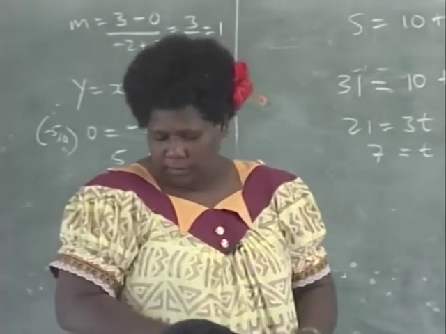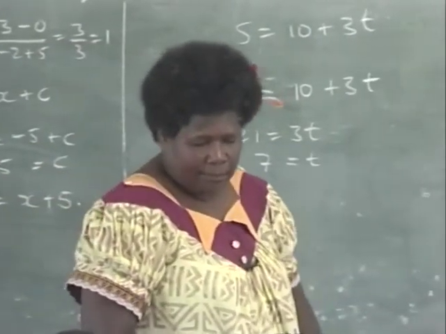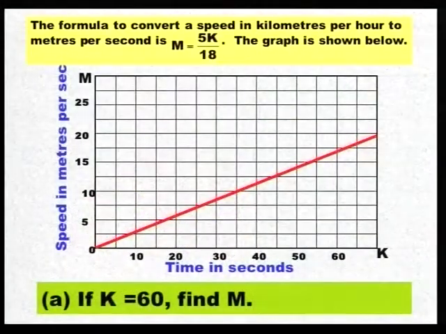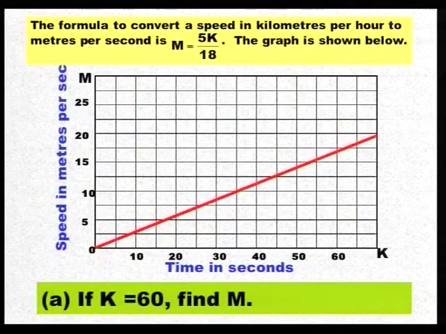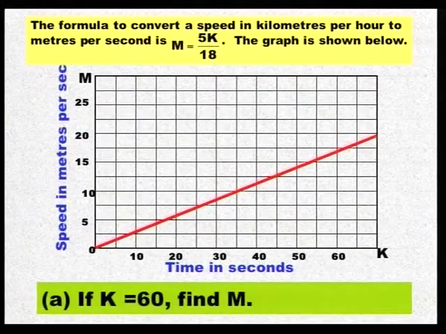Now you are going to do number 1 on your exercise. The formula to convert a speed in kilometers per hour to meters per second is given by m equals 5k over 18. The graph of the equation is shown below.